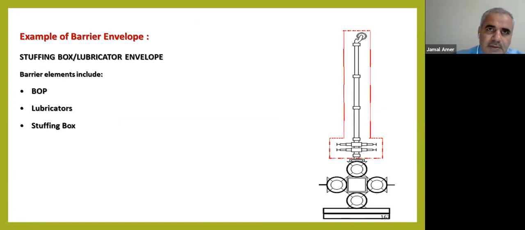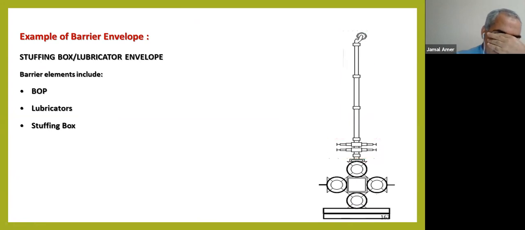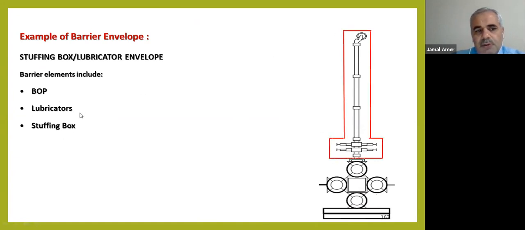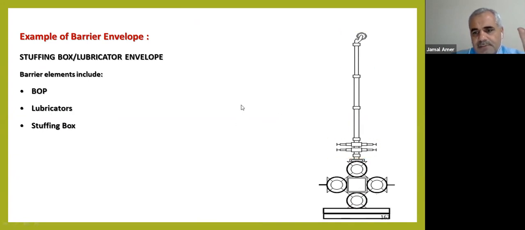The primary one is hydrostatic pressure. The second one is the BOP. For well intervention, we need three barriers. As we see, BOP, lubricator, stuffing box. So for well intervention, we need three barriers.